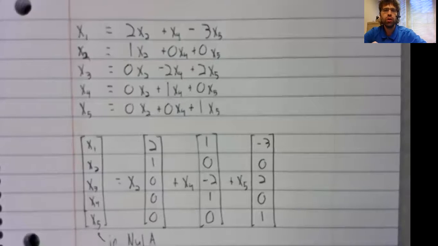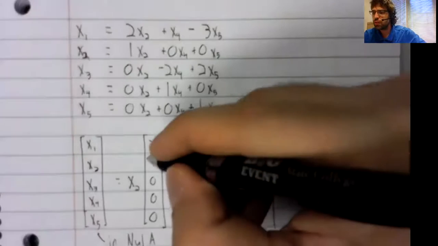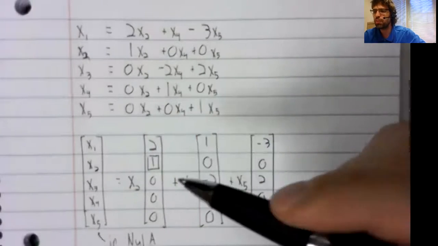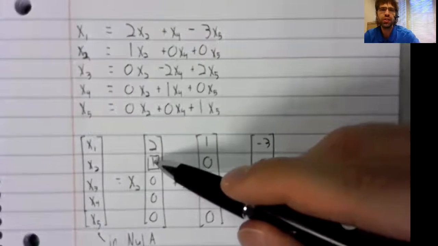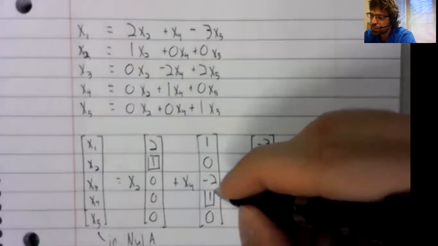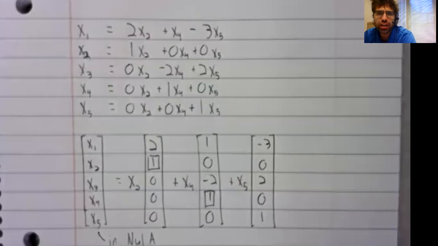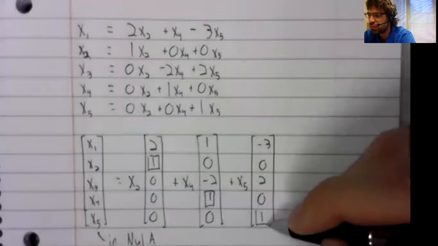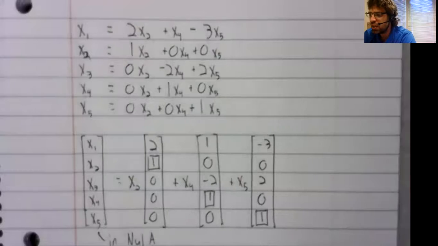How do I know that? Well, notice that the vector associated with x sub 2 has a 1 in the second coordinate. The vector associated with x sub 4 has a 1 in the fourth coordinate. And the vector associated with x sub 5 has a 1 in the fifth coordinate.